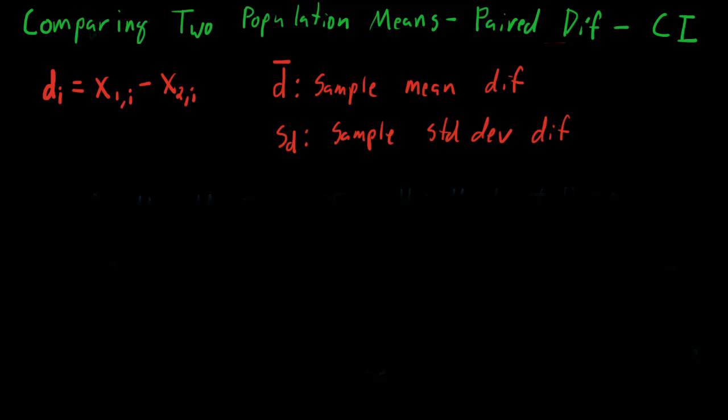And the last value we need is n sub d, which is the number of differences that we have. Or if we want to look at it another way, we can call it the number of pairs that we're comparing.